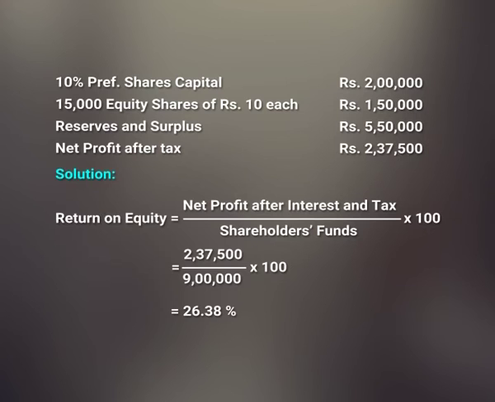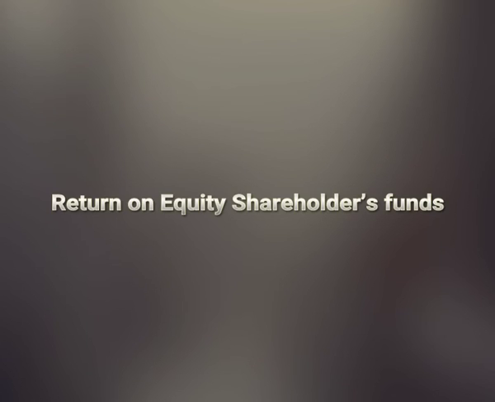Now, the solution to this question is return on equity is equal to net profit after interest and tax divided by shareholders' funds multiplied by 100, which is equal to 2,37,500 divided by 9 lakhs multiplied by 100, which is equal to 26.38%.